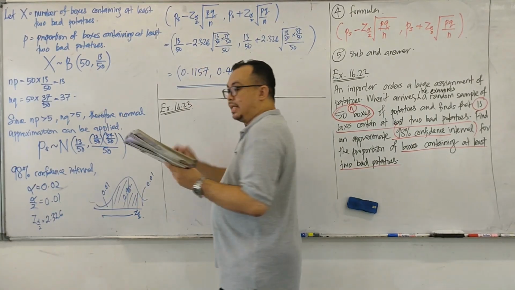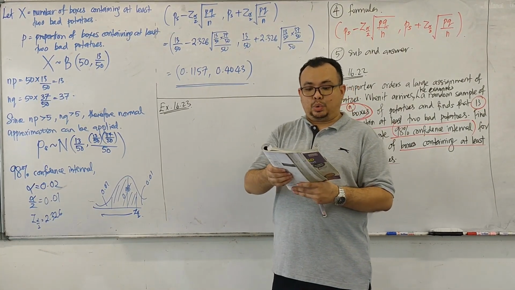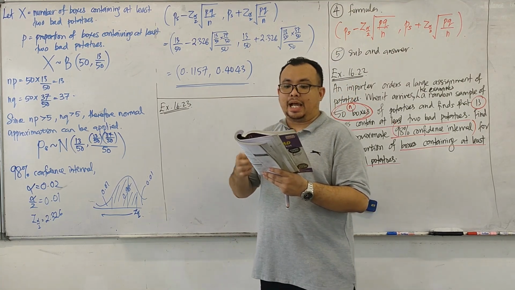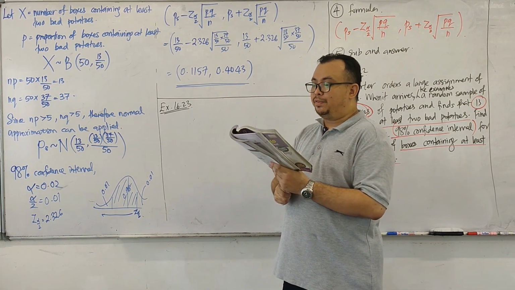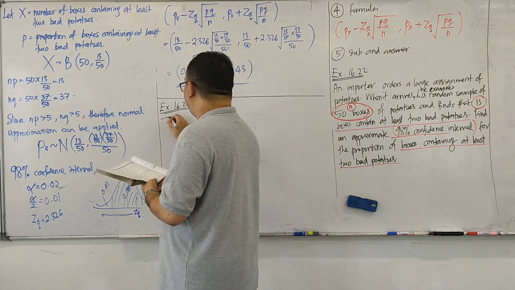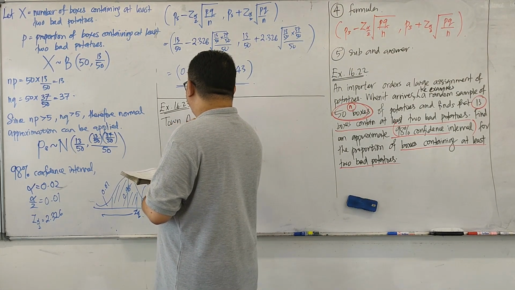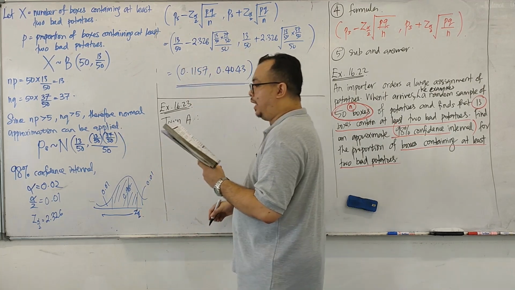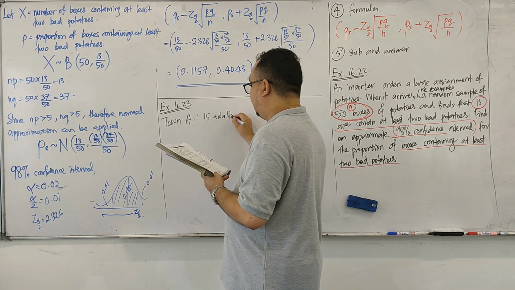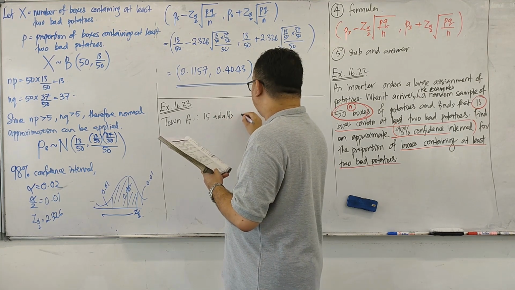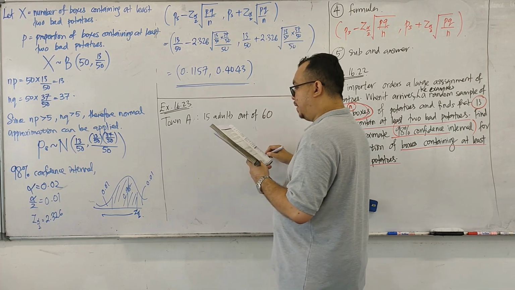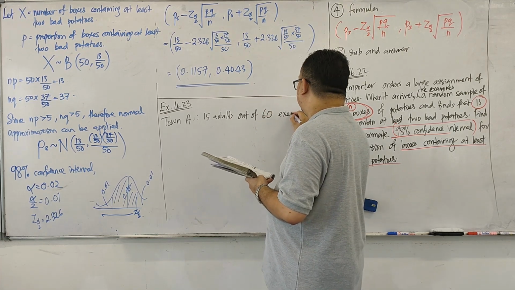Okay, let's look at example 16.23. You are given, in a survey carried out in town A, 15 adults out of 60 exercise regularly. Okay, so kita ada town A. Apa yang saya ada dalam town A? 15 adults out of 60 exercise regularly.